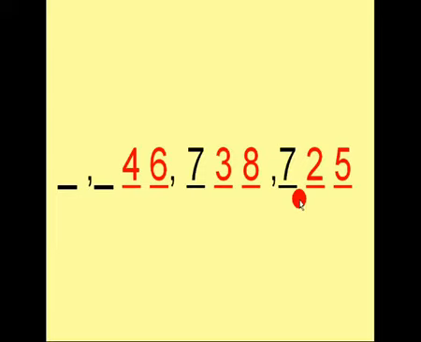46,738,725. Now let's try this in German. You can pause the video if you need some more time to guess. So let's start. 46 Millionen, as you can see here again, the right number is mentioned first and then the left.